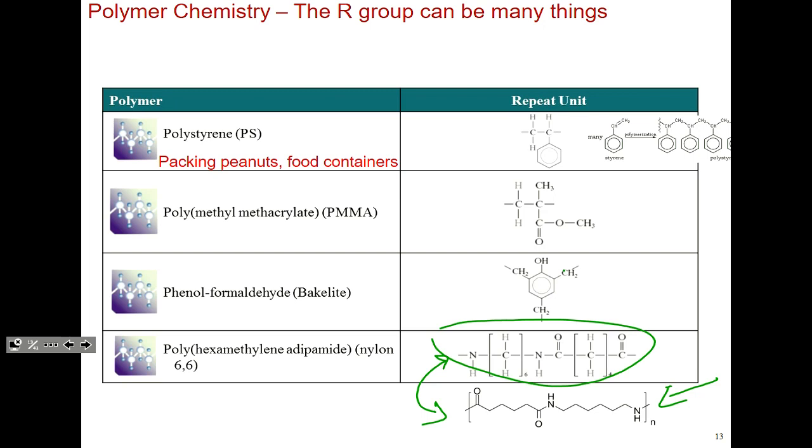But basically, you have 6 carbons for one mer, and then 6 carbons for the other. Let me erase so that it's a little more clear, because I'm writing over the text, but it's in your lecture slides. So anyway, nylon, also very common.